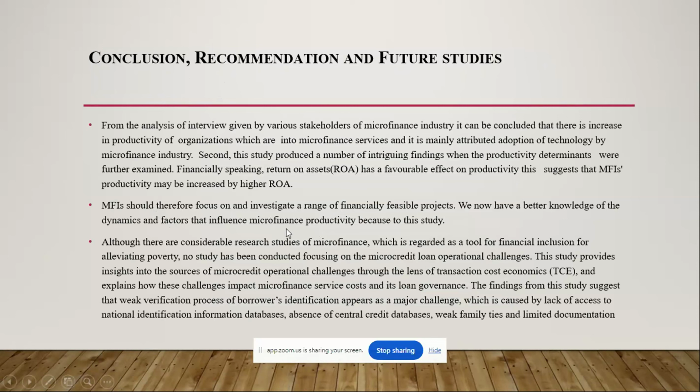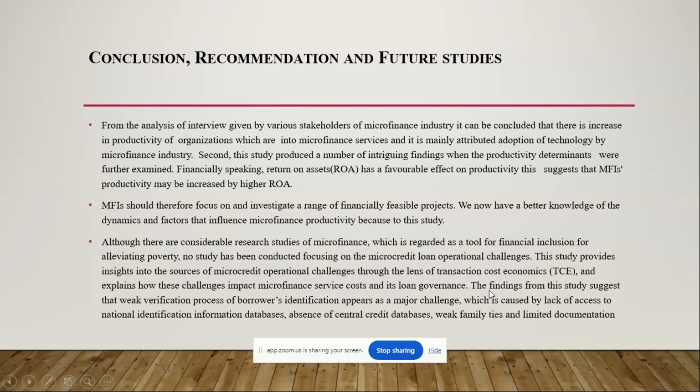We have a better knowledge of the dynamics and factors that influence microfinance productivity because of this study. And another conclusion says, although there are considerable research studies of microfinance, which is regarded as a tool for financial inclusion and alleviating poverty, no studies have been conducted focusing on the microcredit loan and operational changes.